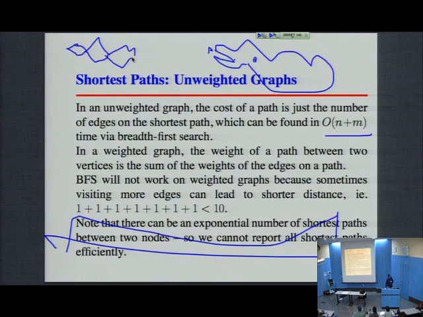To get from here to here, you could either go up or down, and then up or down, and then up or down. There are 2 to the n ways you can get there if you have n of those widgets. So there can be an exponential number of paths, all of them of the same weight. You can't list all shortest paths. You have to be content with finding a shortest path. Any questions about that?